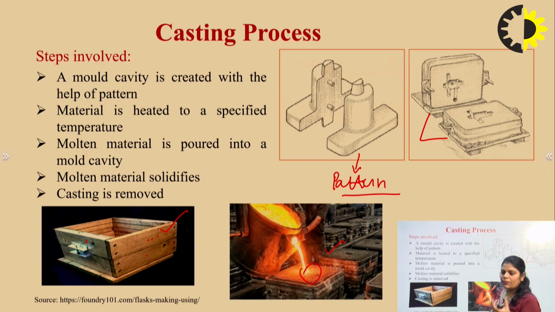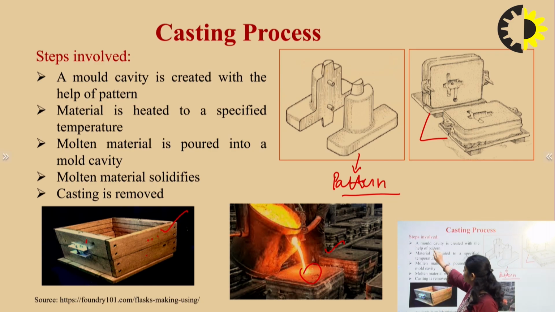The part which we get is our final product. Then after this, we can do the post processing operations, either machining or other operations which are required for getting the accurate shape. So, these are the steps involved in the casting process.